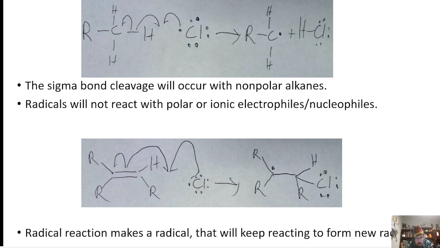So it created a new radical though. Radical reactions will make a radical that can keep reacting, and so they're going to keep forming new radicals. And so we have a lot of different things we can do, depending on what we have mixed in there.